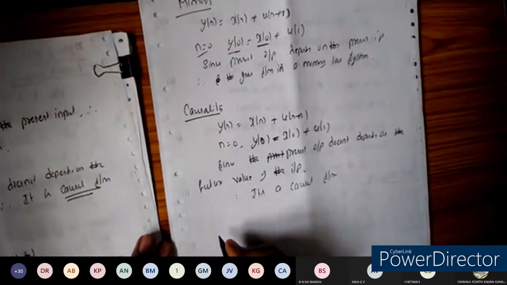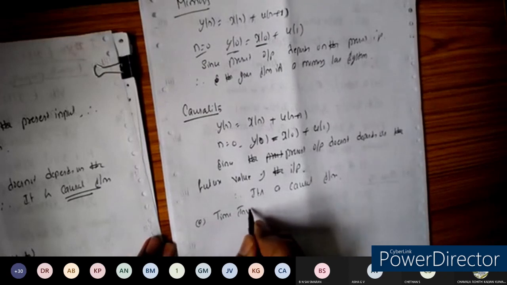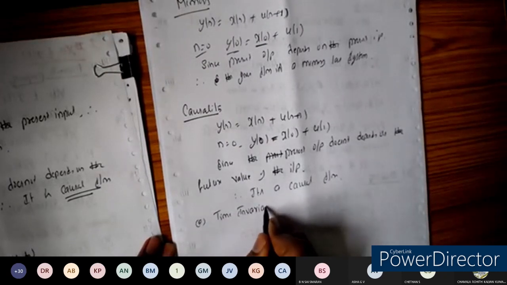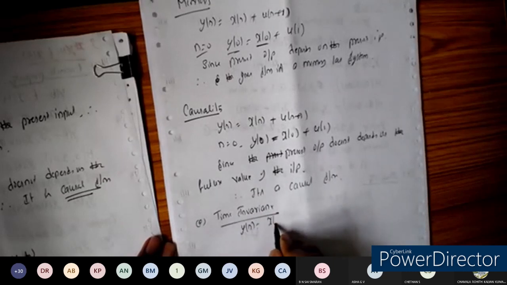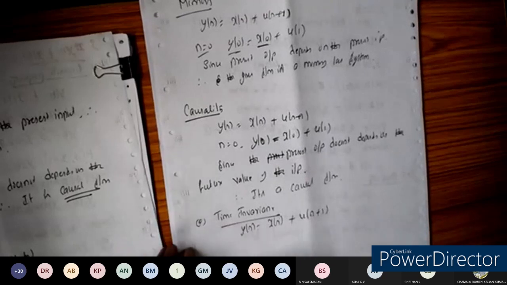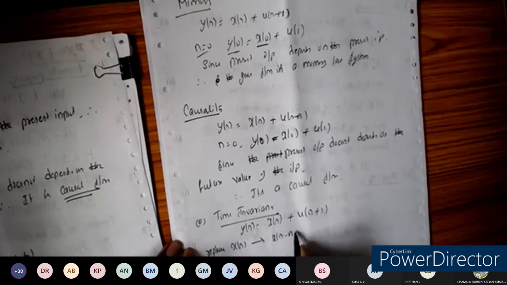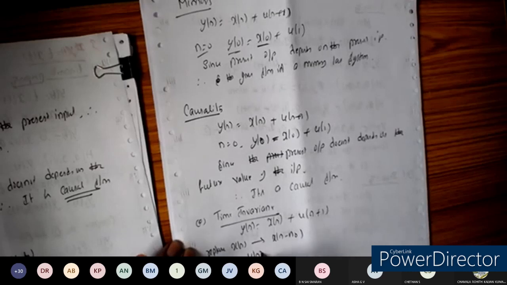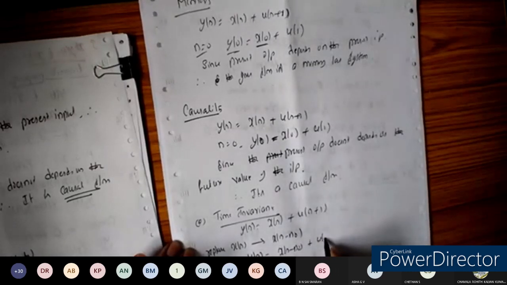Next one is time invariance. It is given y of n is equal to x of n plus u of n plus 1. Let us replace x of n by x of n minus n naught, so we get x of n minus n naught plus u of n plus 1.